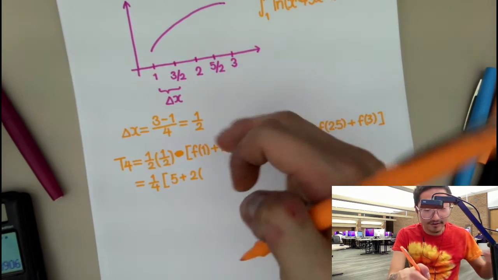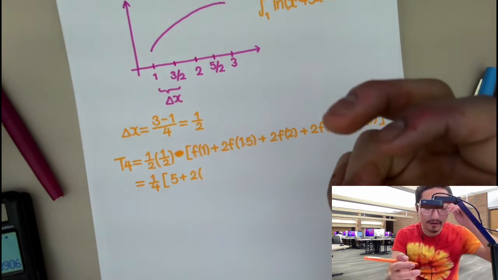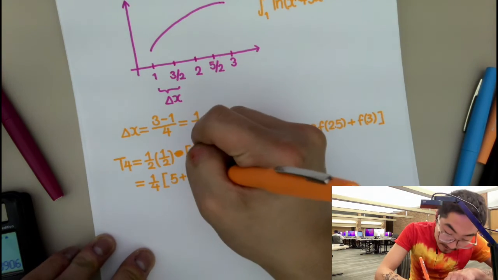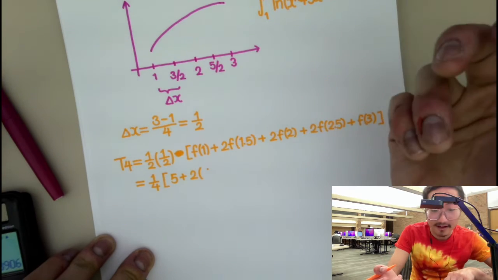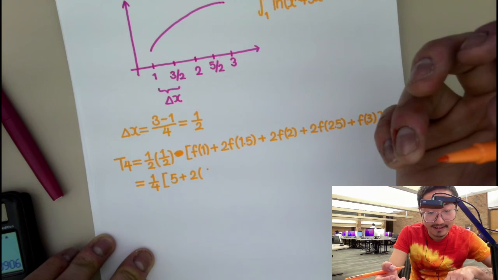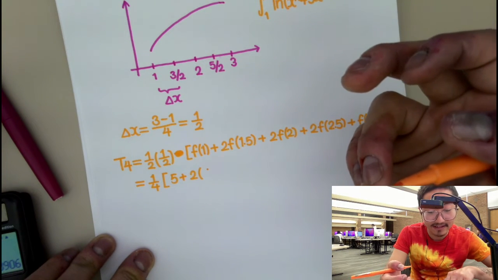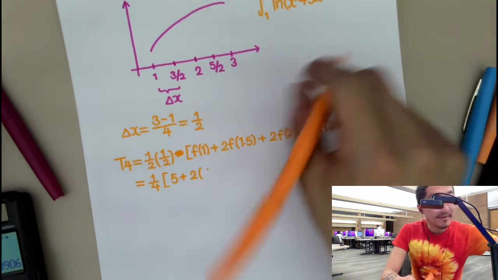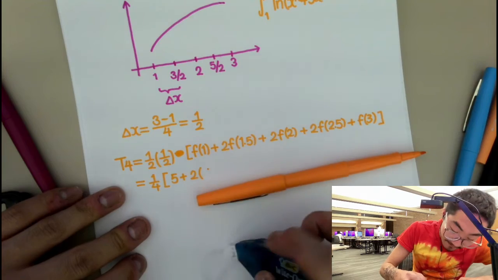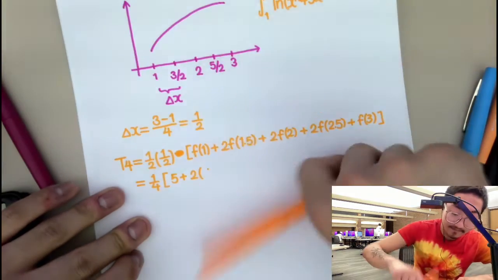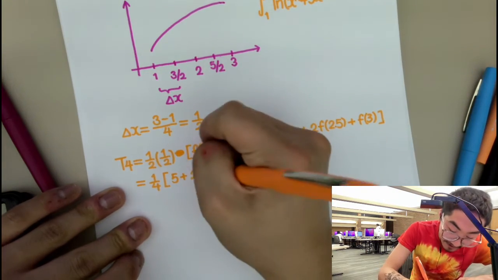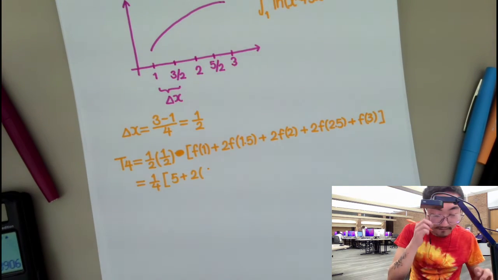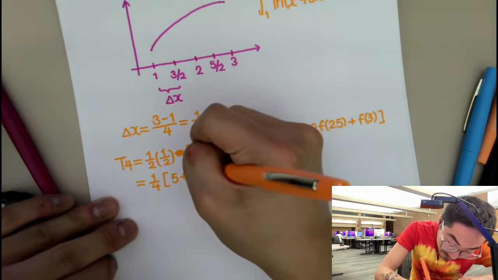We're just doing an approximation, so I'm going to leave it at 2 decimal places. So it's the natural log of 16, and then the natural log of 64.17.